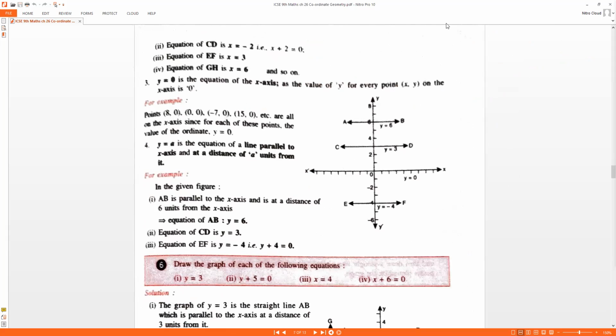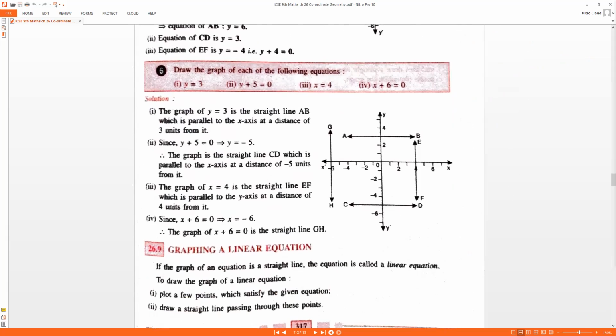All right. See here, similar things are there. These are the lines which are parallel to the x-axis, so their equations will be y is equal to that number. Now don't draw anything, just see. Draw the graph of each of the following equations. y is equal to 3.